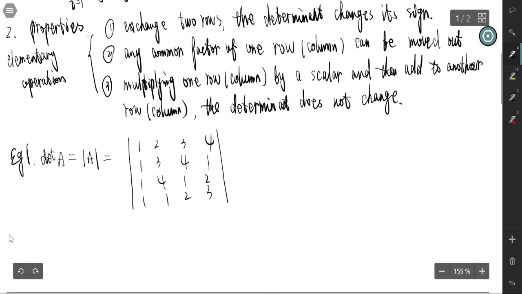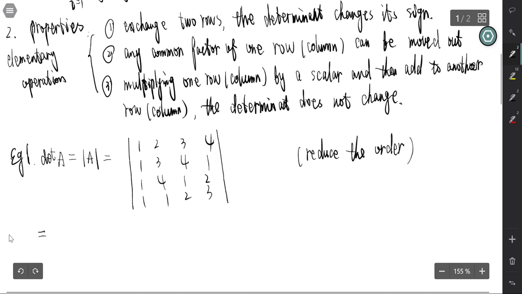Actually, the method we use is to reduce the order. What is reducing the order?